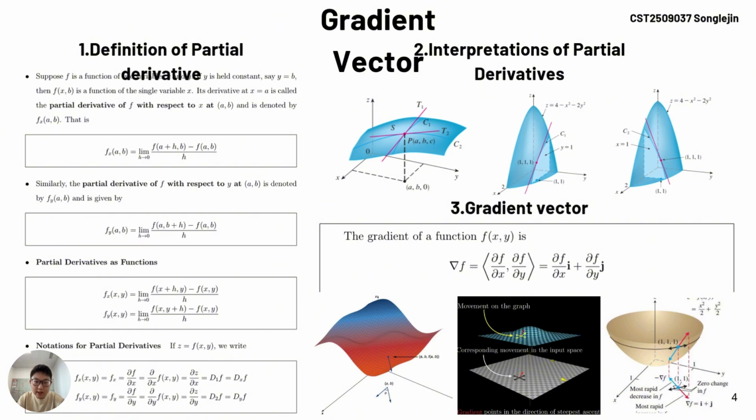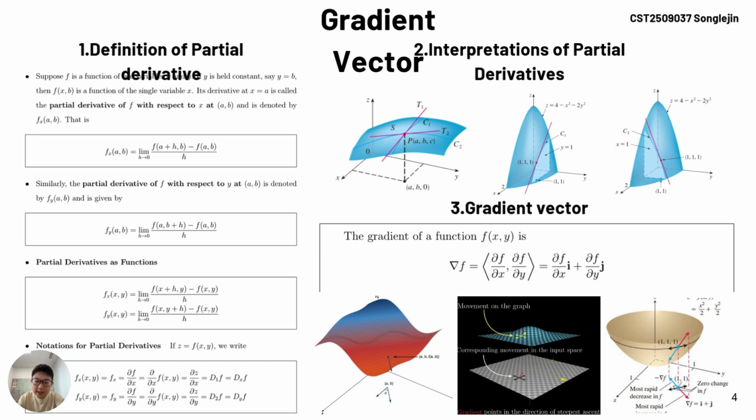We can see the three blue graphs. We can also interpret partial derivative intuitively using this graph. The partial derivatives of f at point (a, b, c) are the slopes of the tangents to the curves C1 and C2 at this point. And if you understand clearly what a partial derivative is, the definition of a gradient vector is very simple.